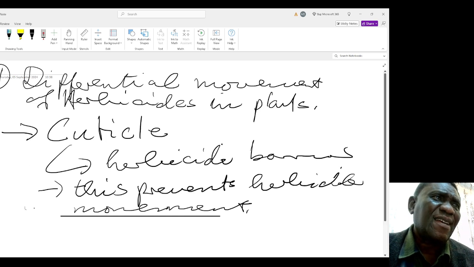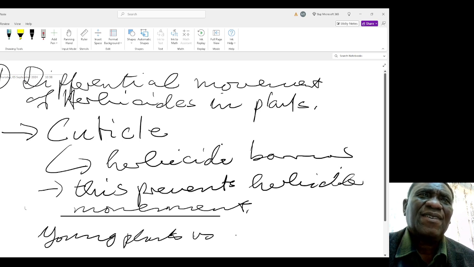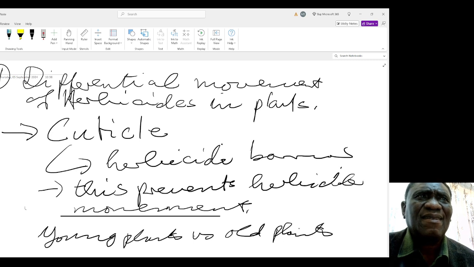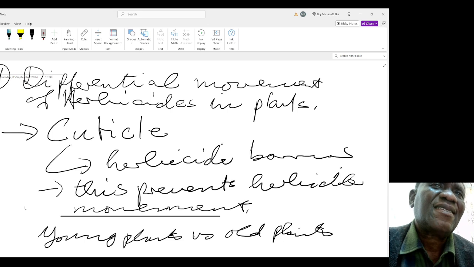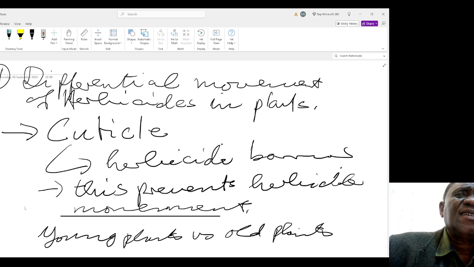Now let us consider young plants versus old plants. Young plants could die because their cuticle is not fully developed, whereas the old plants will survive because the cuticle will prevent the movement of the herbicide.